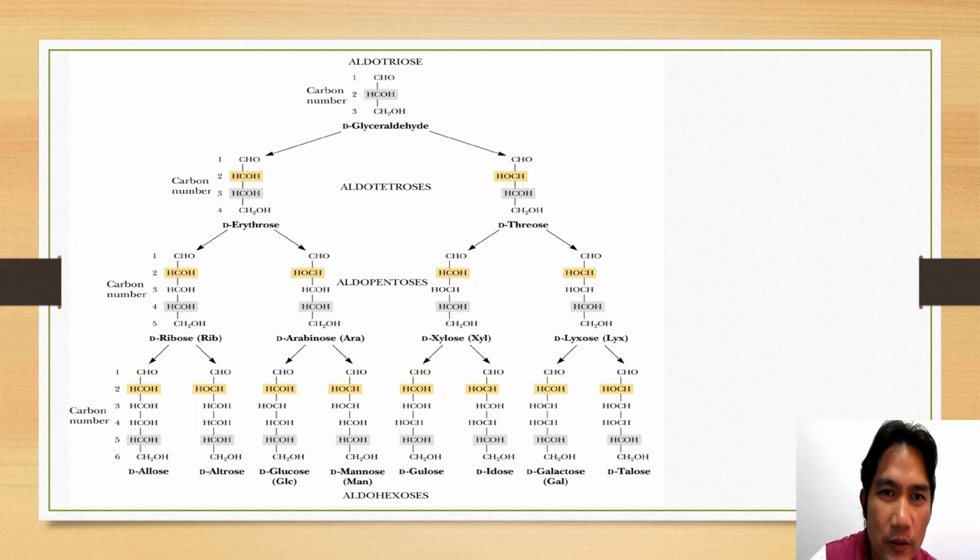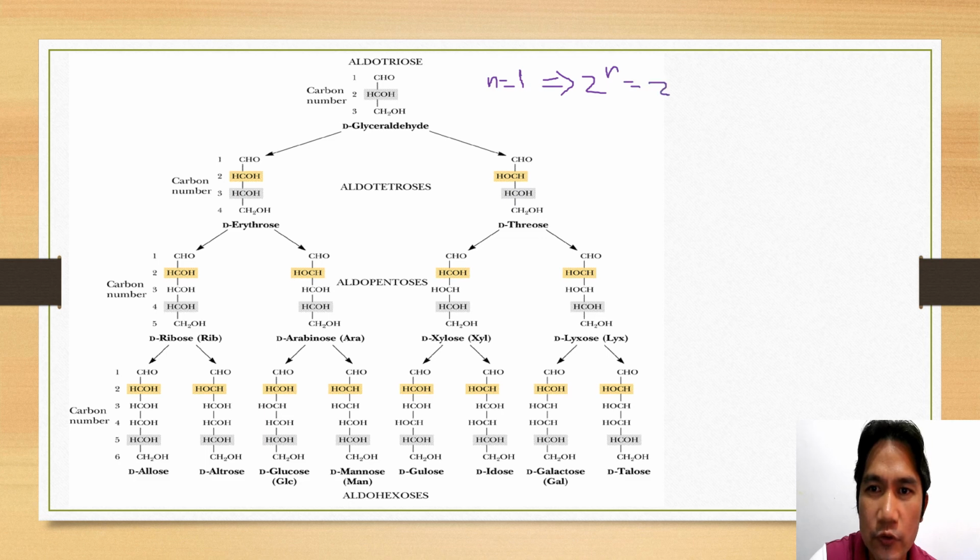So these are the possible arrangements of molecules based on the formula that we obtained earlier. Glyceraldehyde has one chiral center, which we said n is equal to 1, and then we applied that into the formula of 2 raised to n.